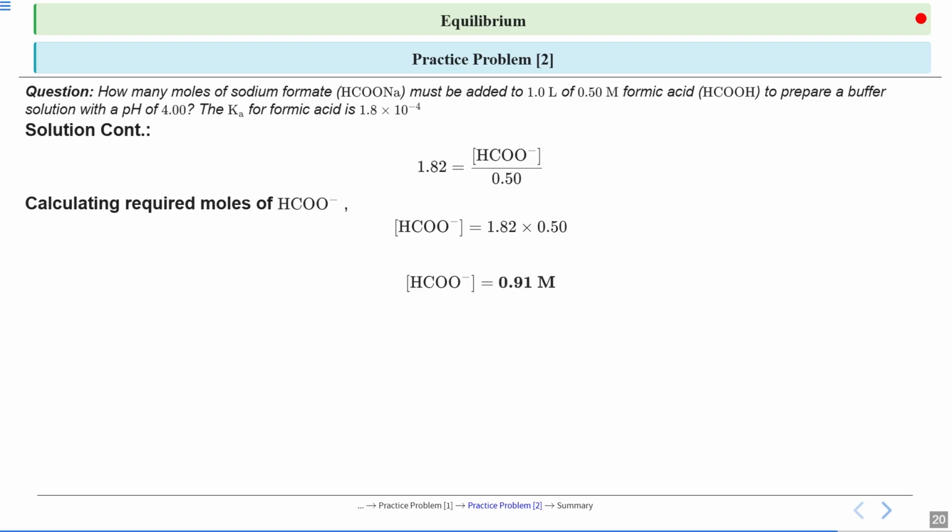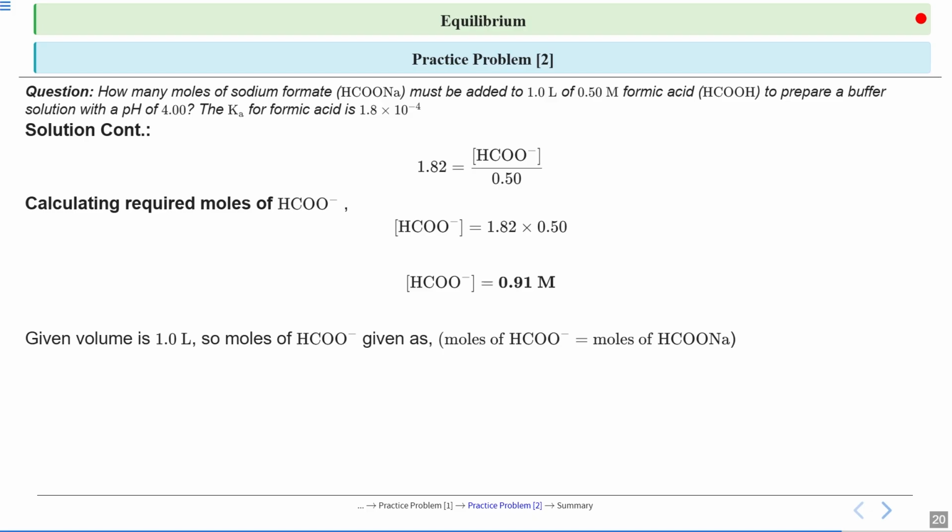But the question is saying that you have to calculate the moles of sodium formate, not your formate ion. But we have talked about this in the previous question, that a strong electrolyte dissociates completely and the salt is a strong one. So each mole of formate ion will come from each mole of the sodium formate. Therefore, we can say that moles of the formate ion is equal to moles of the sodium formate.